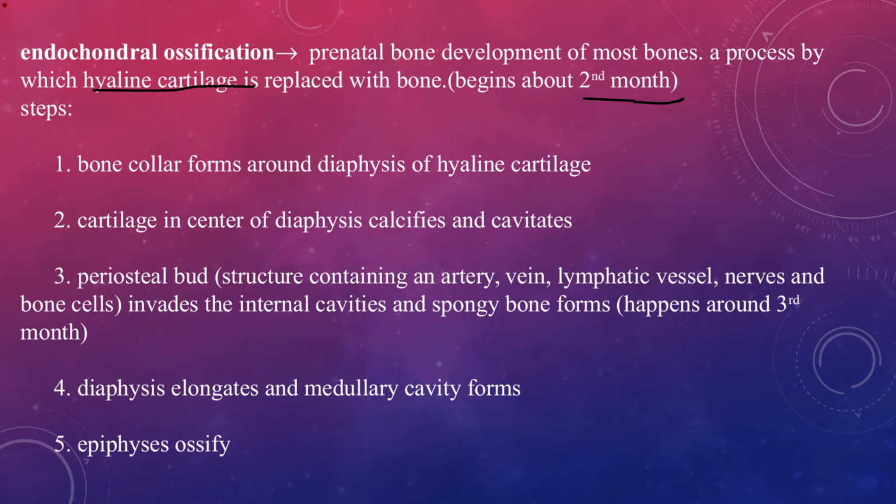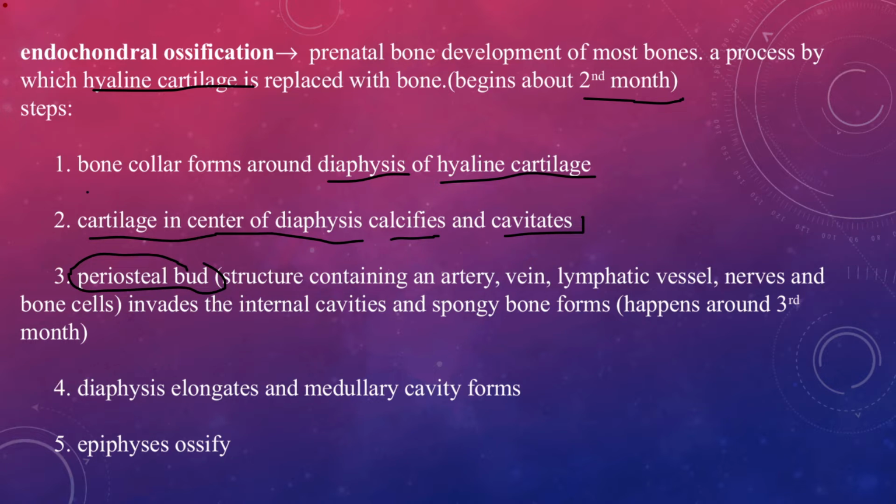And so we start with a bony collar that starts to form around the diaphysis of this hyaline cartilage. And I'm going to show you pictures of this. And then that center of the cartilage starts to create space or cavitates, and it'll start to calcify. Then you'll have blood vessels infiltrate that area in the center, and that's called a periosteal bud.